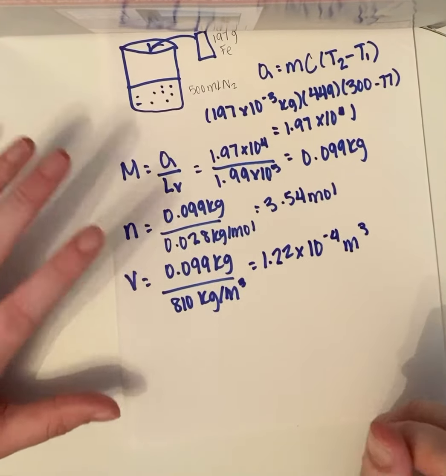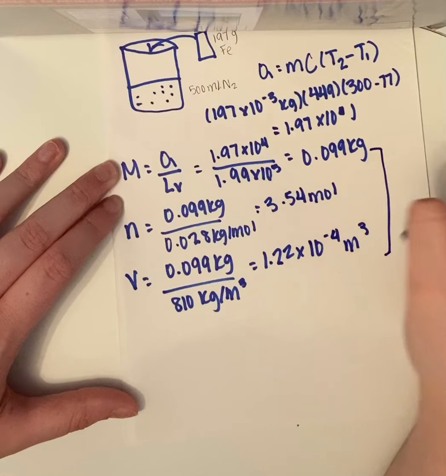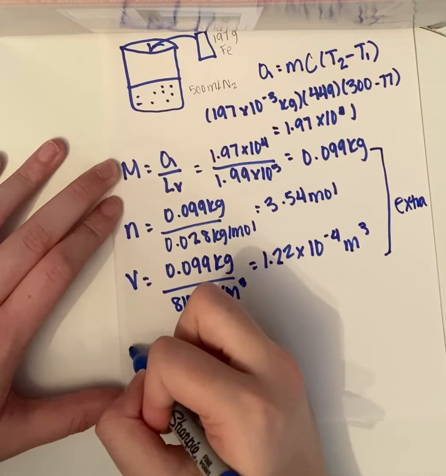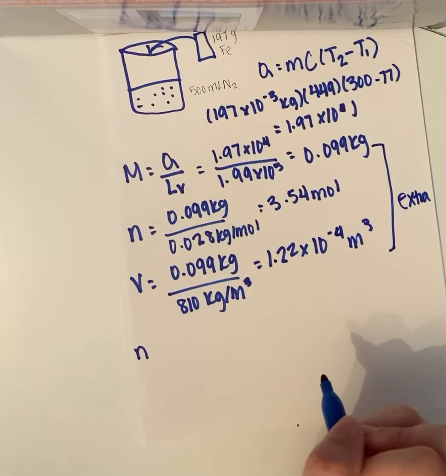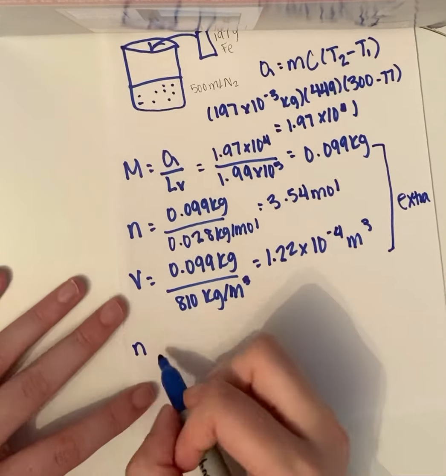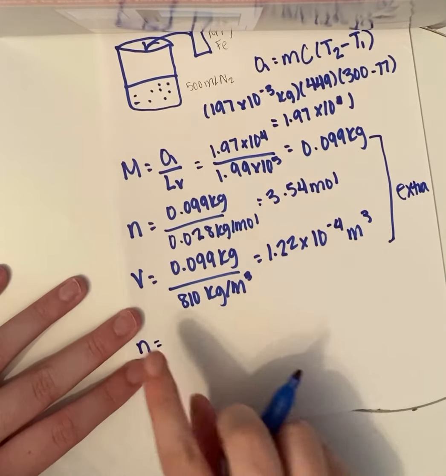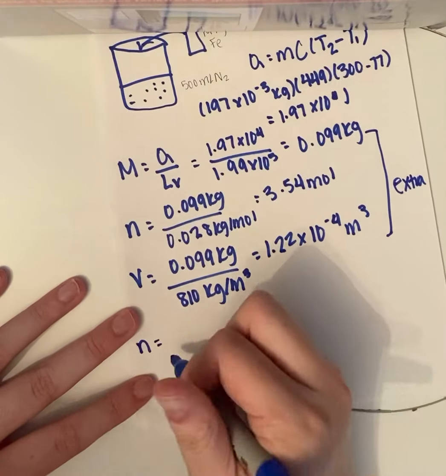Okay, now that we have the extra values, so these are all extra, we want to find the original moles, for which we use the ideal gas law. PV equals nRT, so the moles equals pressure times volume on the top.